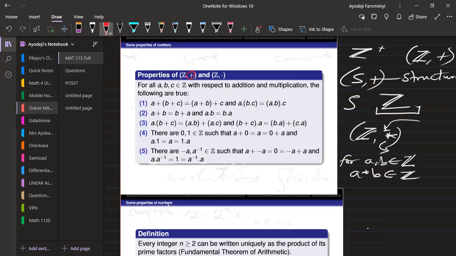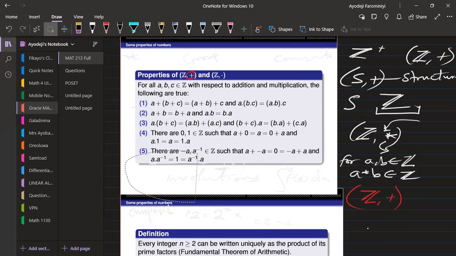So if I consider Z with addition, this is not just a set, but a structure that has been endowed with a binary operation, that is addition. It is definitely closed. Do you understand what I mean by the fact that it is closed?